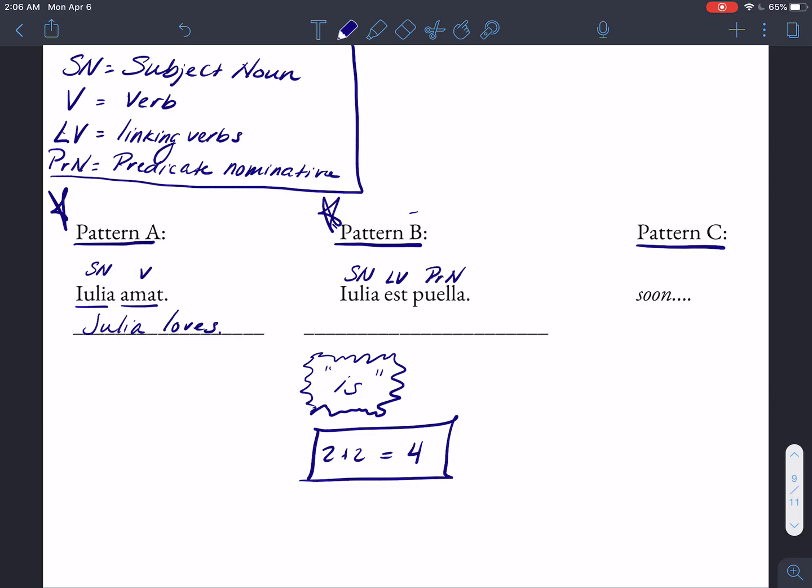Math. Nice. So how do we translate this? Julia est puella. Julia is a girl. Julia and girl are describing the same person. Remember, it's like that chain.